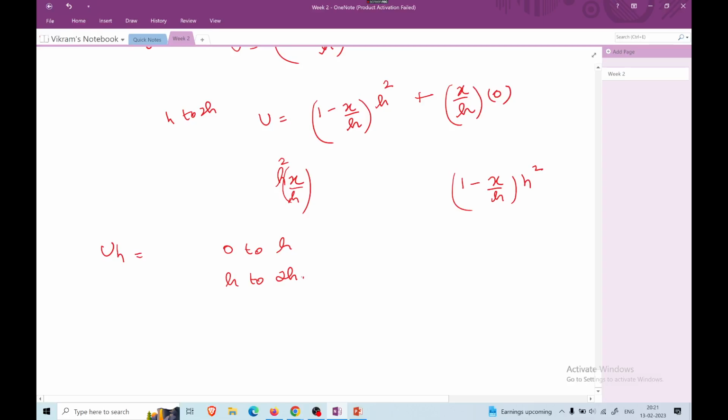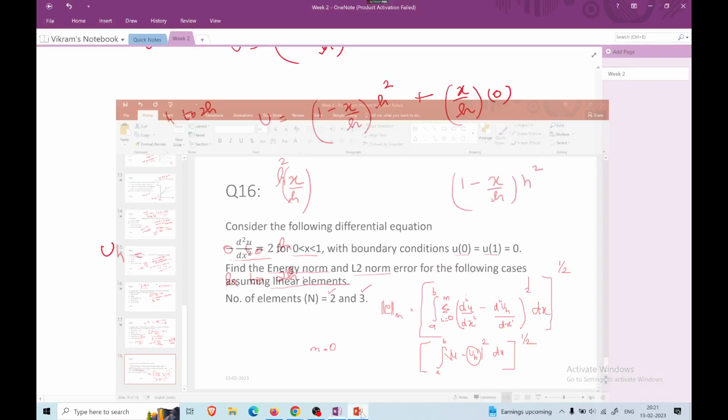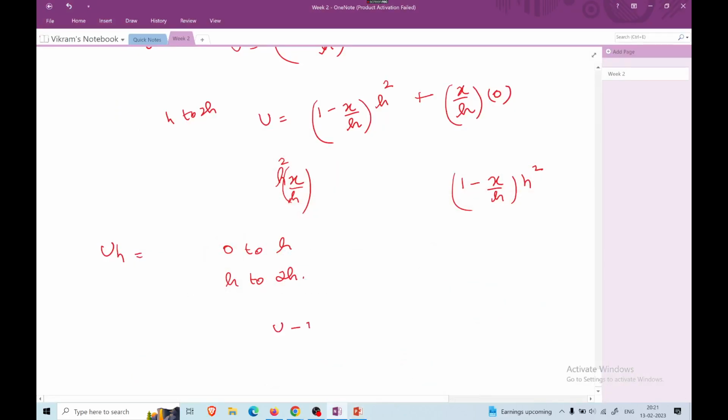Now what we had initially planned to do is calculate the energy norm and L2 norm. L2 norm is very simple: u minus uh, the whole square dx, integral 0 to 2h because it is the entire domain, square root.